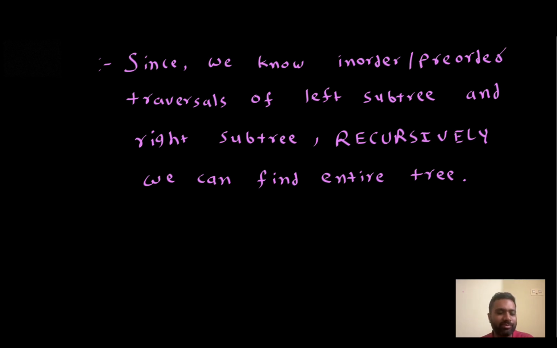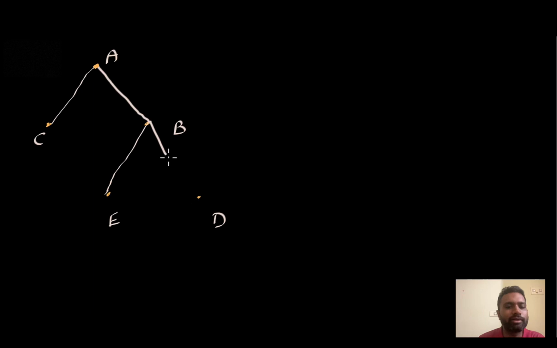So let's consider a small example. Let's say I formulate some tree, hypothetically. I have some nodes and I'm naming them A, B, C, D, E. Please check that this is a full binary tree. Every node has either 0 children or 2 children.